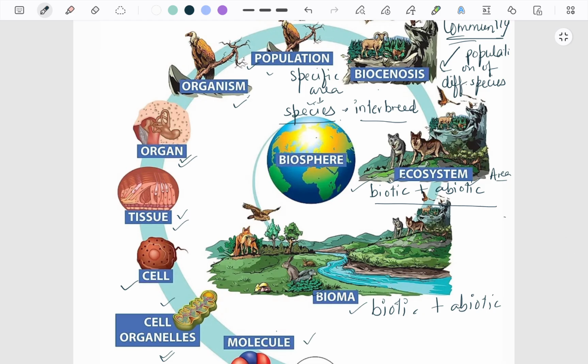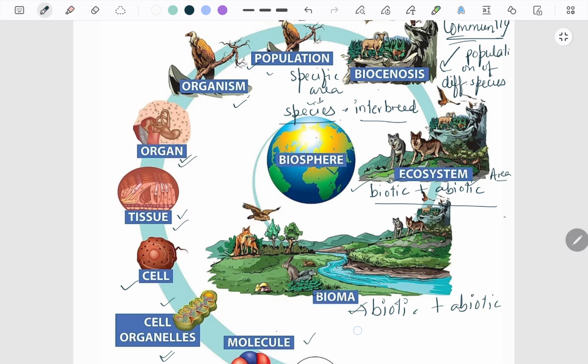Air, water, soil. But it is not in one particular area. There are multiple regions on the earth where you can see similar climates and similar organisms living, whether it is vegetation or animals, right? Different types of organisms are there.